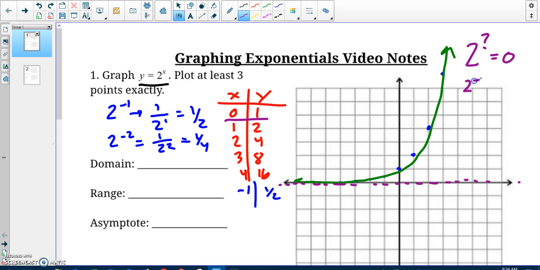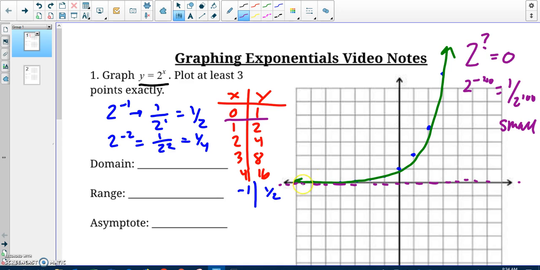But even if you put it to a really big negative number, like -100, way back here, what you get is 1 over 2 to the 100. 2 to the 100 is a really big number, so 1 divided by a really big number isn't 0, it's just a really small number. So what happens as you go this way is it gets really, really small, but it never actually hits 0.